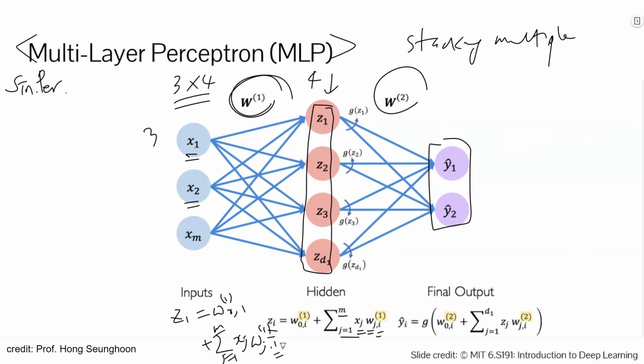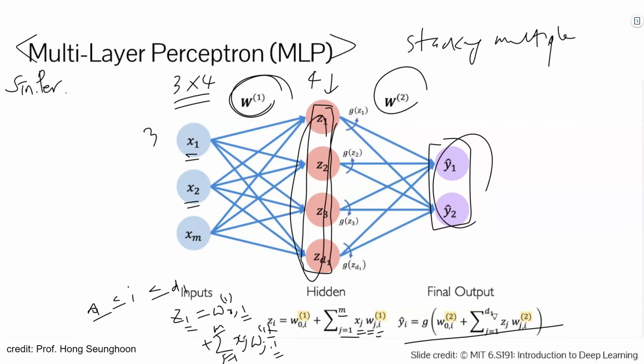Okay, so here you need to unify these values as 1. And if you do this job for all i values, that goes from 1 to D1, then you can view this as another input and this one as another output, and do this job again. Then you can get the final value.